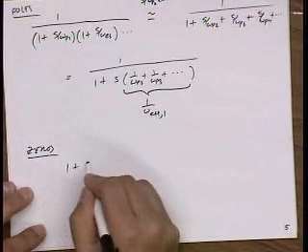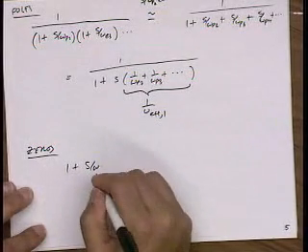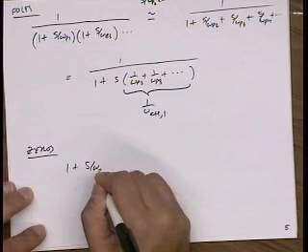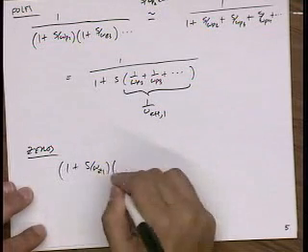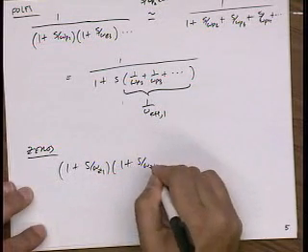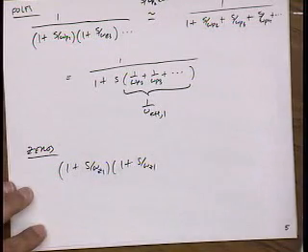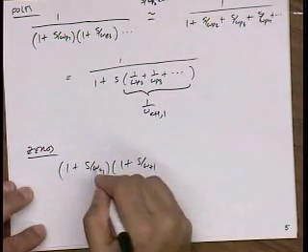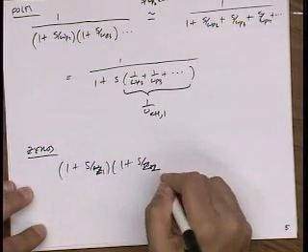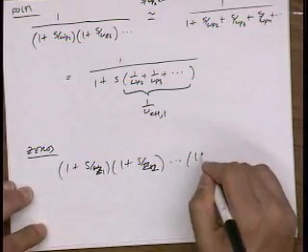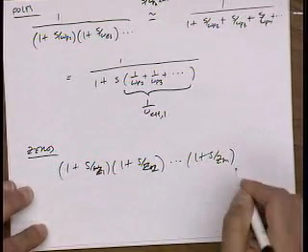The zeros of the transfer function, I've been using bad notation. Let me call this omega z1. I guess I've been calling them z. I'd be consistent: z1, z2, ..., zm.